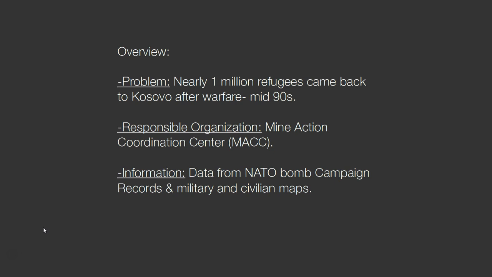And of course now, as I just mentioned, we have Syrian refugees coming across this material also. The information is coming from the actual NATO bombing campaign records and military and civilian maps. So that's where the original data came from. And you're going to have two forms of the data: landmines and cluster bombs.